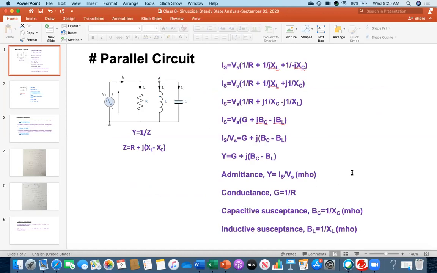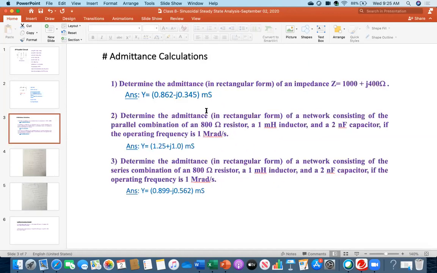The symbol S is used to represent admittance, conductance or susceptance. That's why this is millisiemens. Don't confuse it with the second. This is not a millisecond. This is millisiemens, or you can say millimho. You can use that, which is also fine.